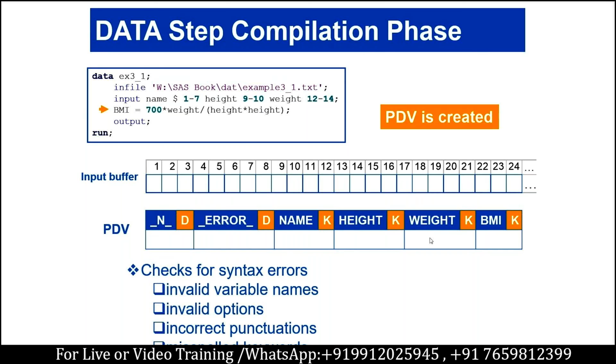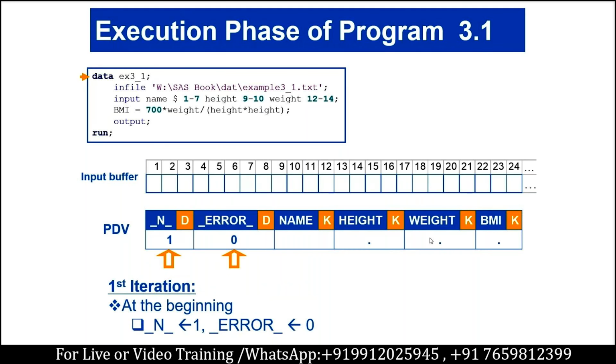If you have any errors in the compilation phase itself, SAS will stop the execution. So if you observe carefully, the compilation phase just creates the table with the columns. The table is ready, that's it, not values. Table with column names.